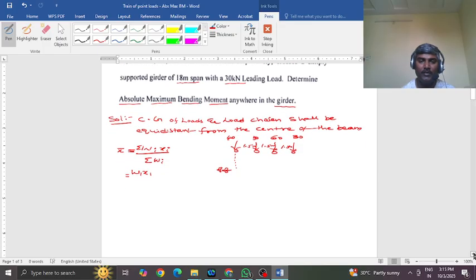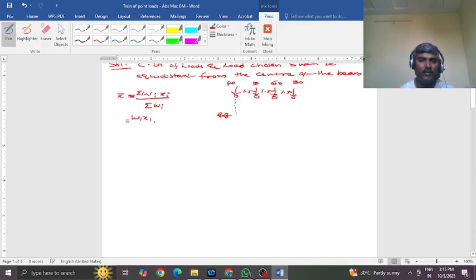It is W1 x1 plus W2 x2 plus W3 x3 plus W4 x4, divided by W1 plus W2 plus W3 plus W4. Now just substitute all the values. The first load is 40.